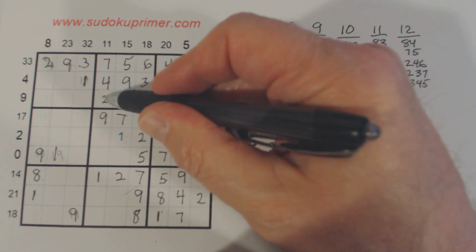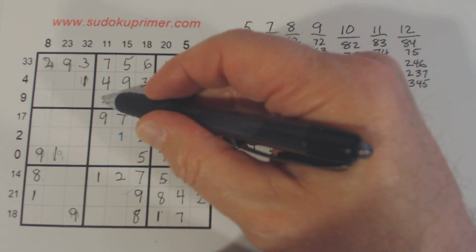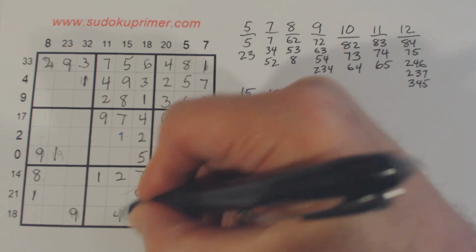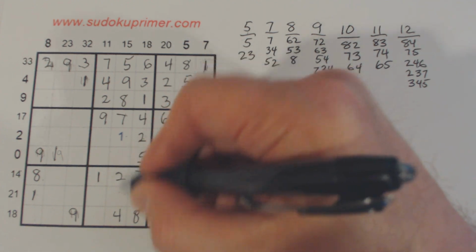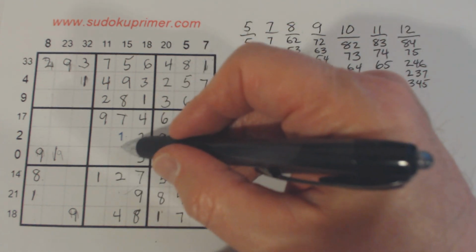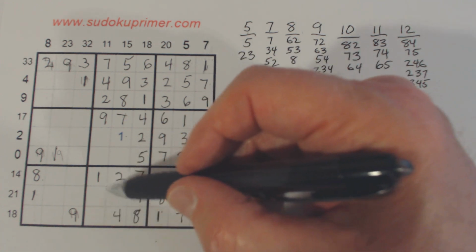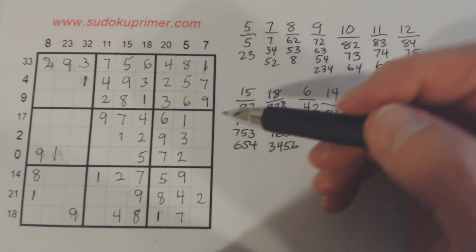Here we've got, let's see, 2, 2, 2, 4, 4, 4. There's a 4. Okay, so we have 3 and 6 here. 3, 5, 6 there.